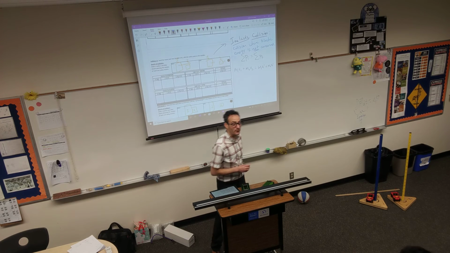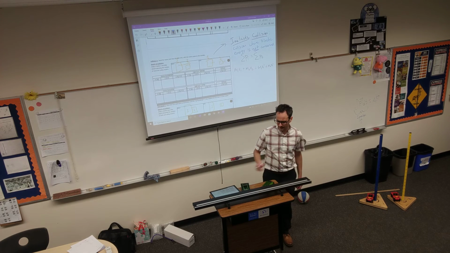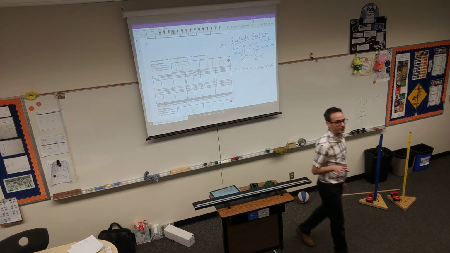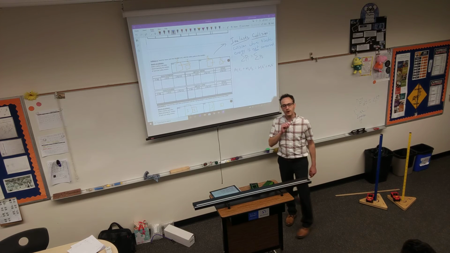Was your kinetic energy conserved? No, in none of them, right? So all of the collisions that you guys did were inelastic collisions. The kinetic energy was lost.